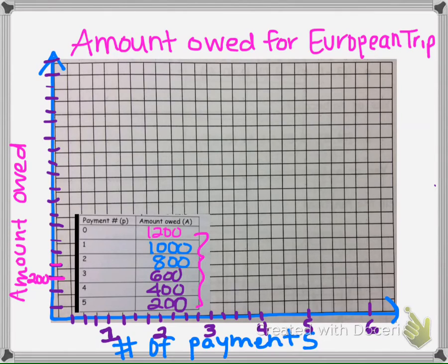So every 3, so that's 400, that's 600, 800, 1,000, and 1,200. Okay, so now I'm going to graph my values here. So at 0 payments, we're at 1,200.